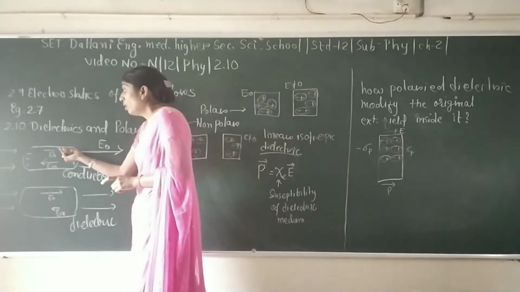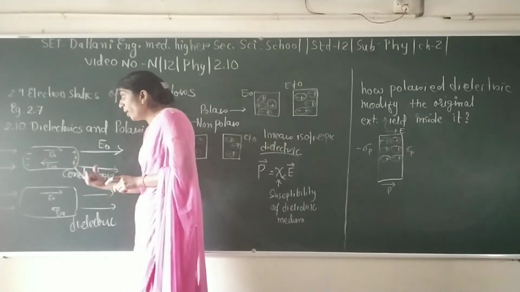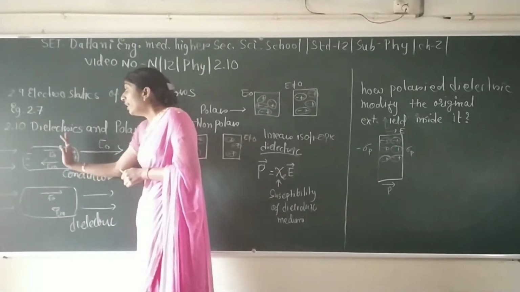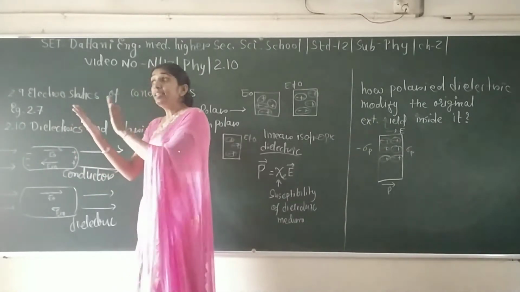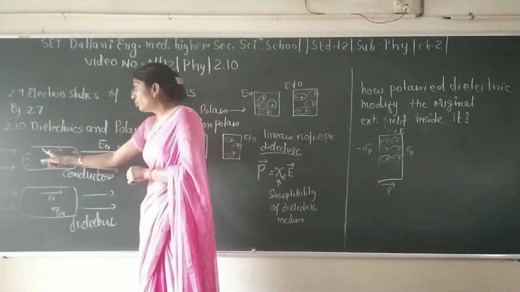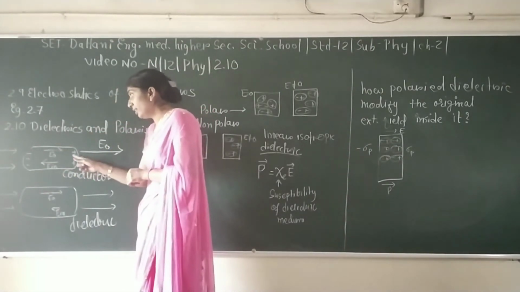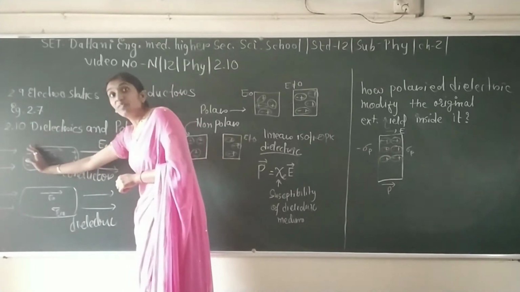Because a conductor has free charge carriers, the electrons set in the opposite direction. Since the electric field is decreasing in this direction, positive is over here and negative over here.